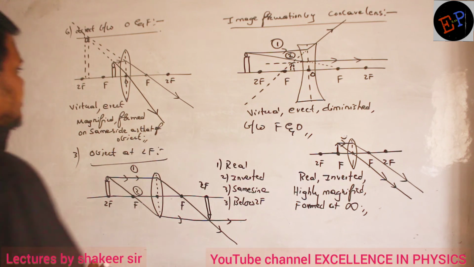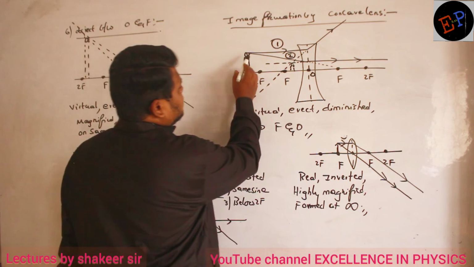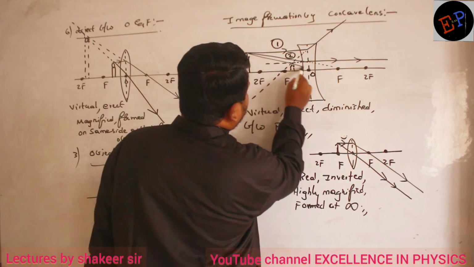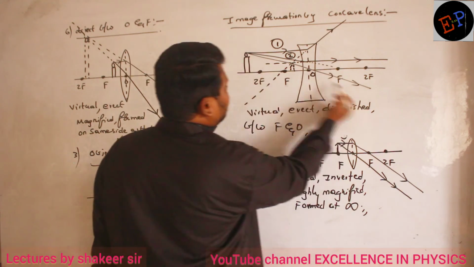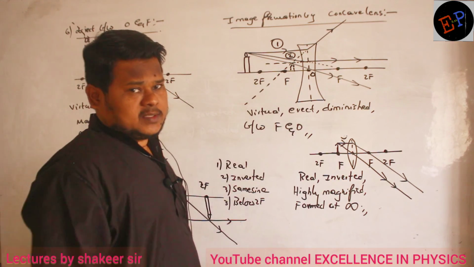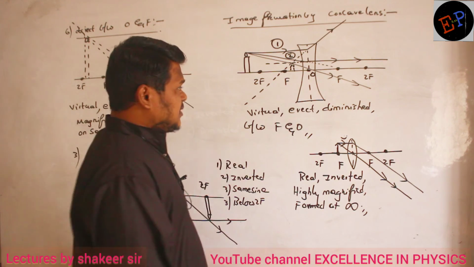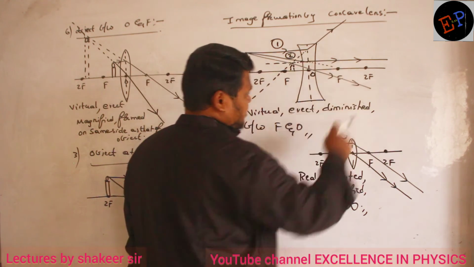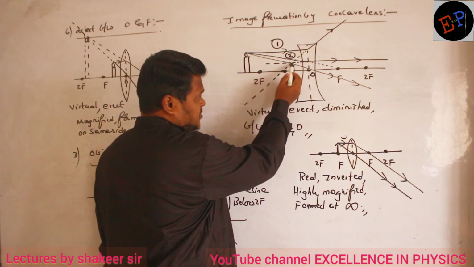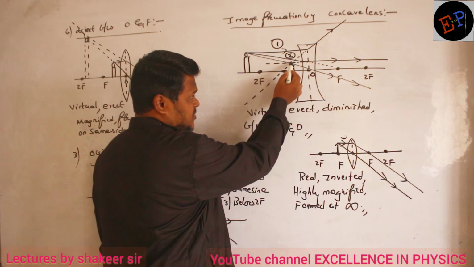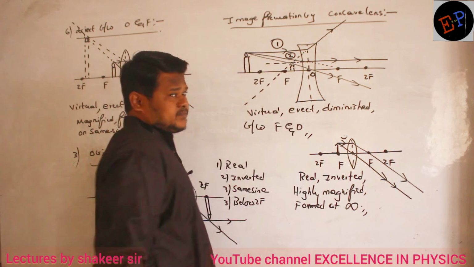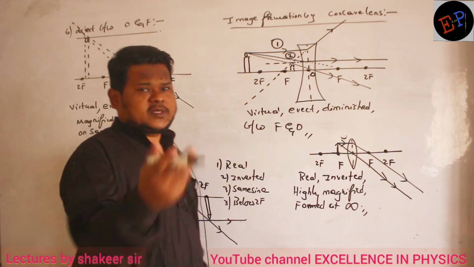For example, light rays passing through the optical center. It will retrace the path in the case of mirrors. But here what will happen? It will pass undeviated. So again it is passing to the same point only. All the light rays are meeting here only. Clear? So their image will be created.